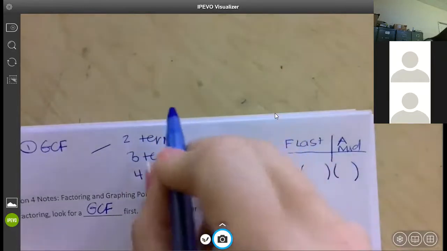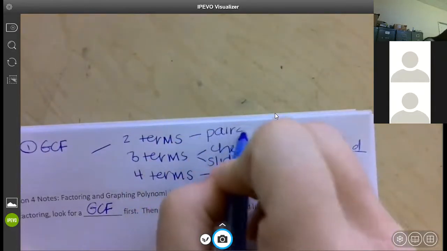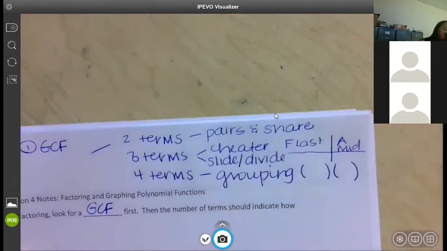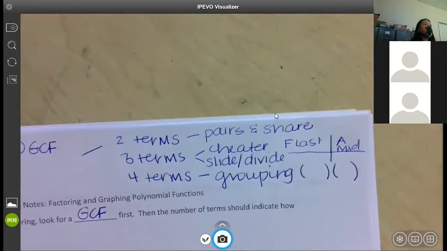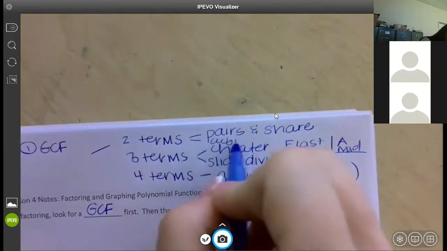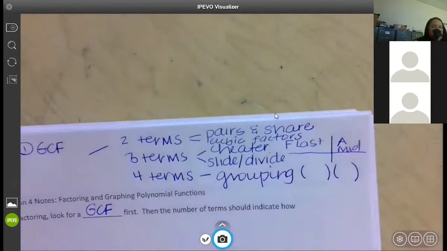And then for 2 terms, it'll be pairs and share. It could also be your cubic factors. And we'll go over all of this within this thing, okay?